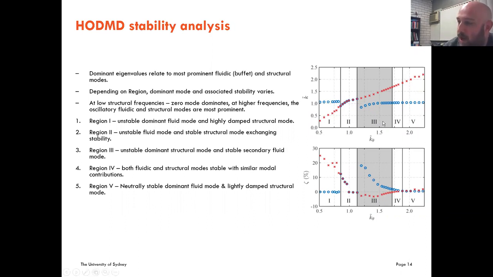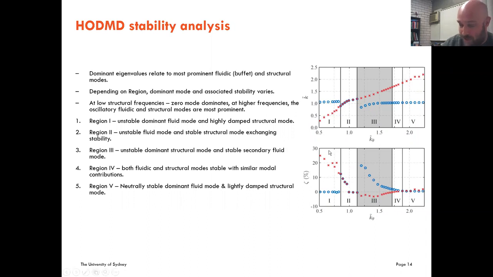So the blue circles are your fluid modes, and the red crosses are your structural modes. Here the pitch stiffness is being driven like a type A oscillation, a sinusoidal oscillation.